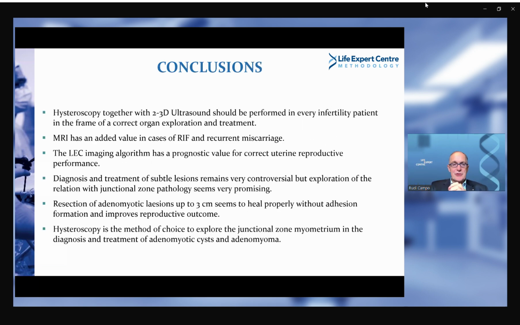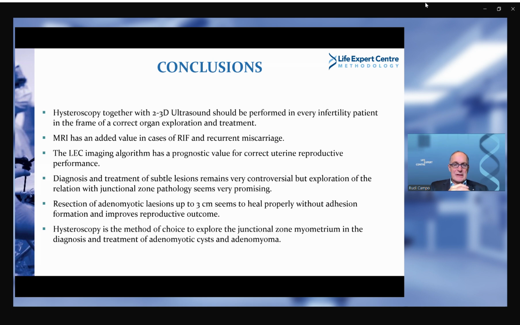So my conclusion, dear friends, there is no doubt that today, if you are working in fertility, you cannot work without 3D ultrasound and hysteroscopy in the same room simultaneously to judge the organ, which is the most important organ for carrying the pregnancy.